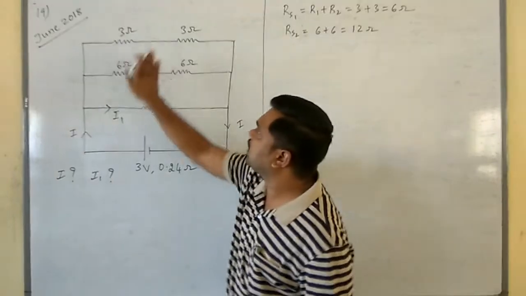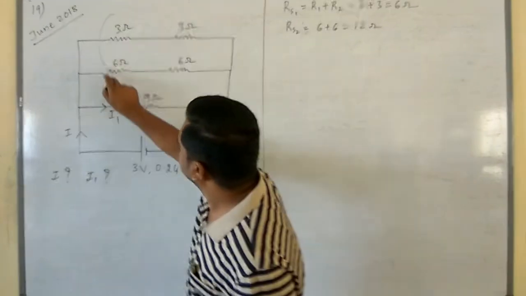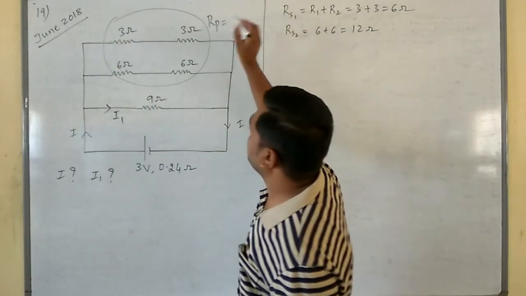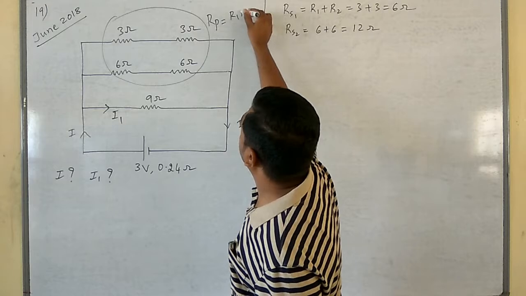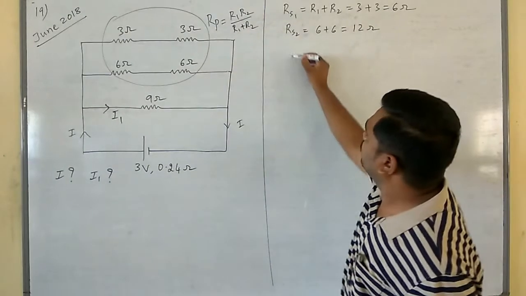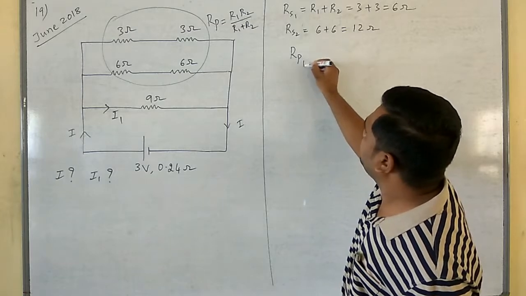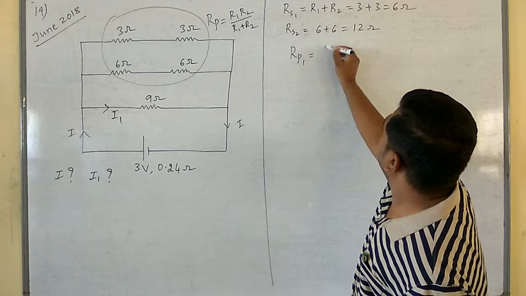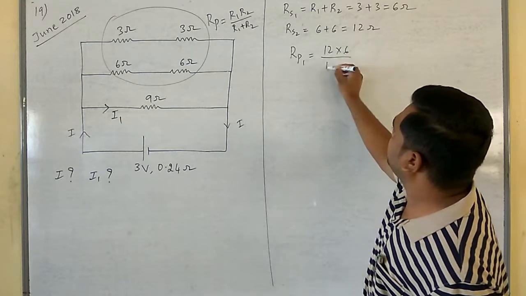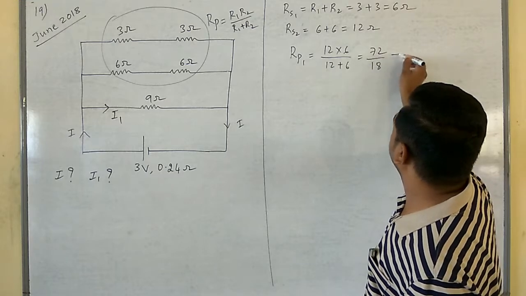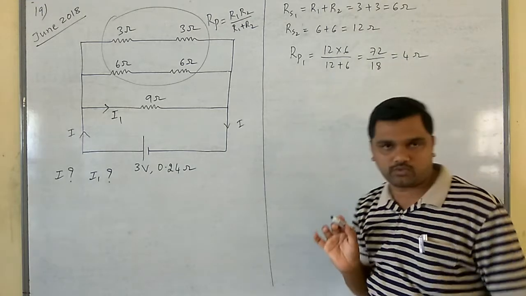On solving this, see, this is RP. What is the value of RP? R1 R2 divided by R1 plus R2. So if we do RP1, then it gives us 12 into 6 divided by 12 plus 6, that is 72 divided by 18, which gives us 4 ohm.